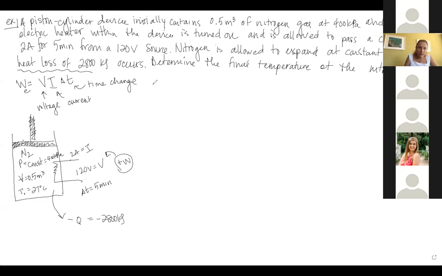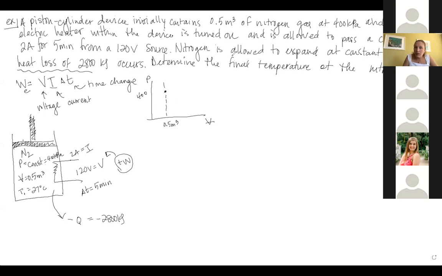So the book likes to have a graphical representation of this system as well. If we look at a pressure volume diagram for the system, at point 1, we're at 400 kilopascal and 0.5 cubic meters.